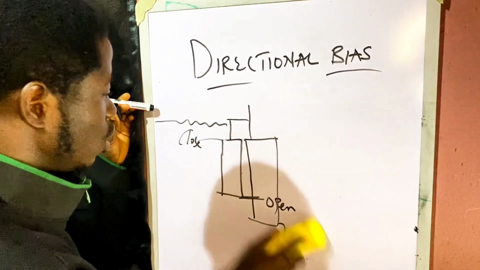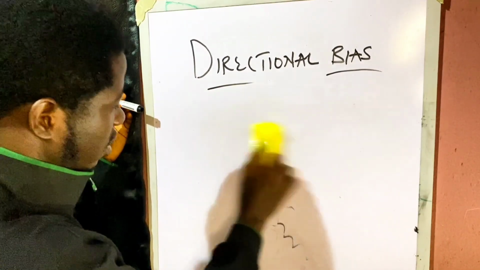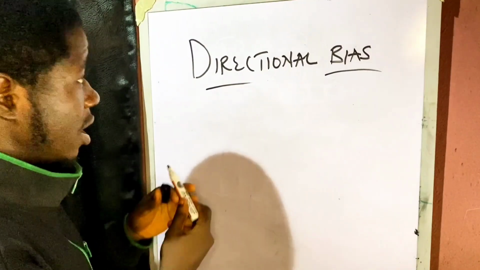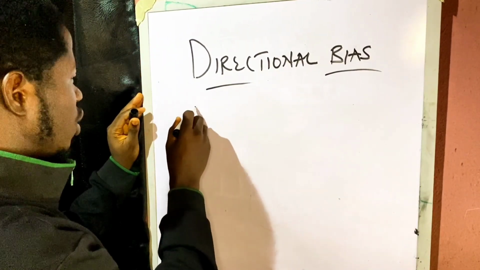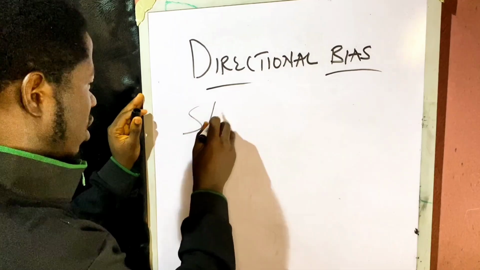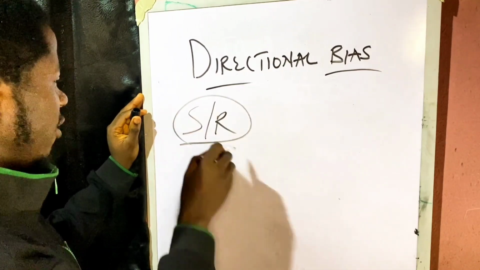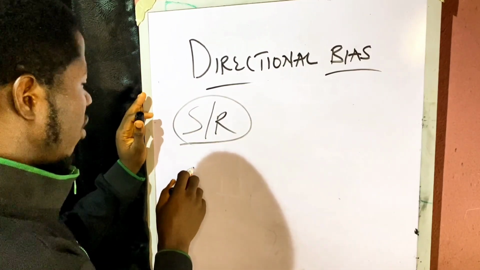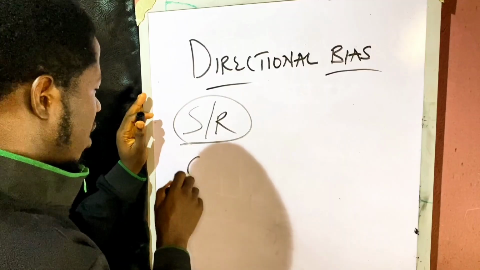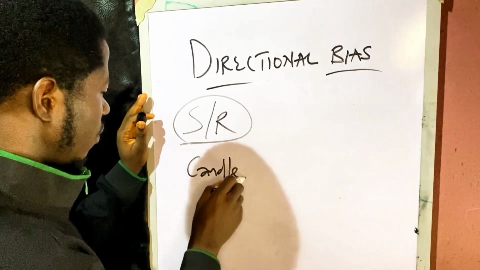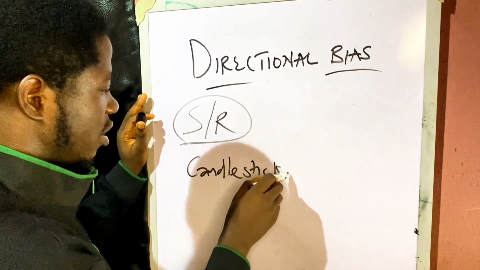Now the things I want you to note for how we look at directional bias: firstly, we'll get a support or resistance level. Then second, we'll get a candlestick confirmation, right?